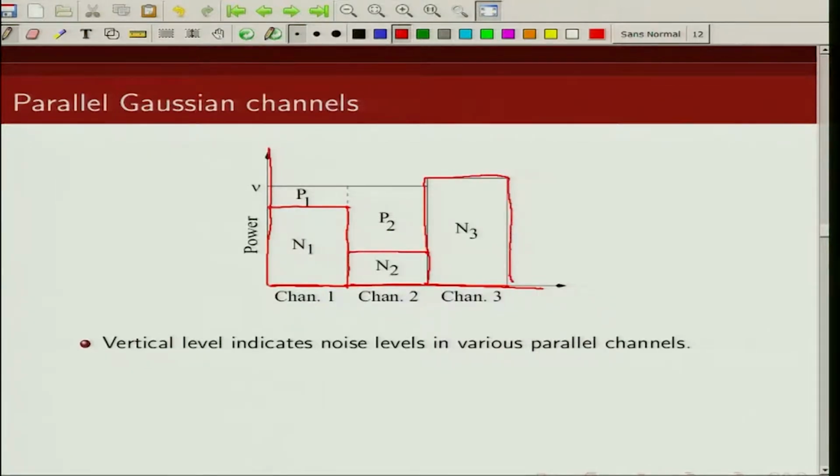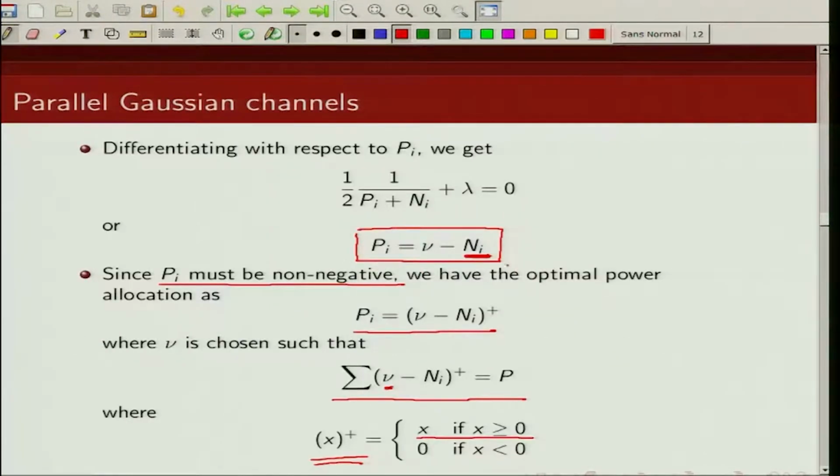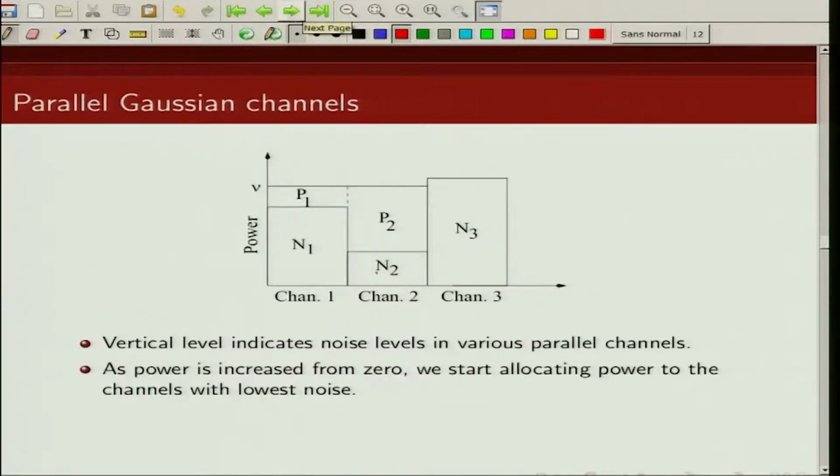That's what the heights of N1, N2, N3 mean. Now the power allocation strategy that I derived tells me that I should first add power to this channel, then I should start giving power to this channel, and this is my mu, then this channel would not get any power.